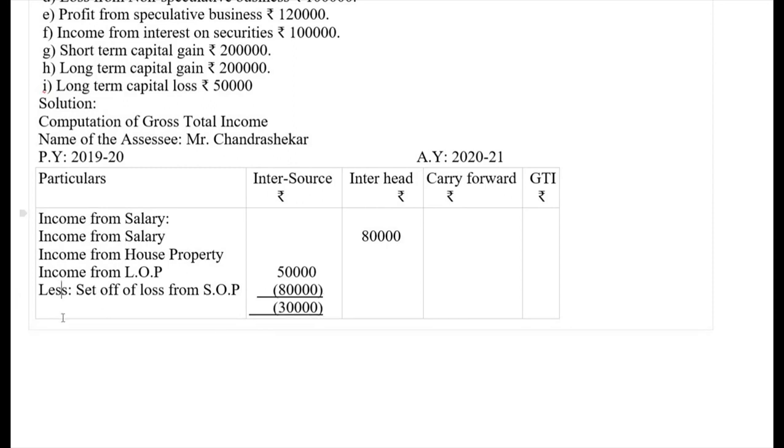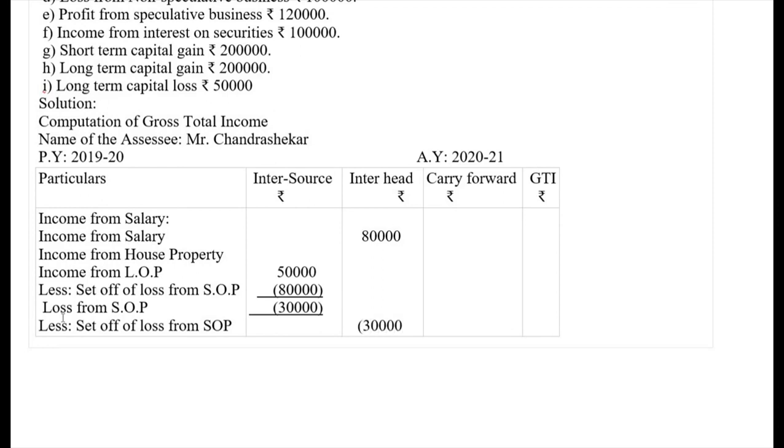This is what you get here, loss from SOP, then less set off of loss from SOP against salary, that is 30,000.